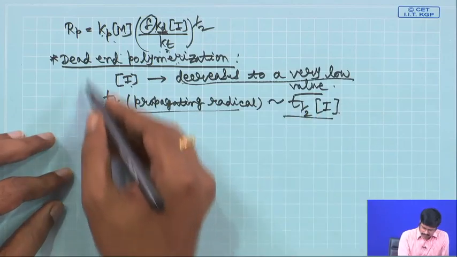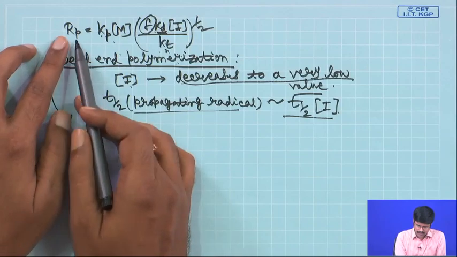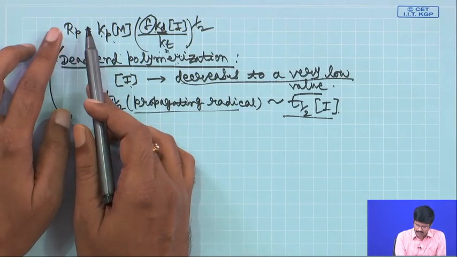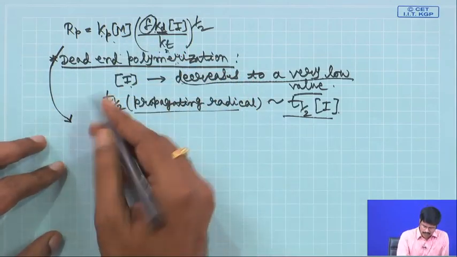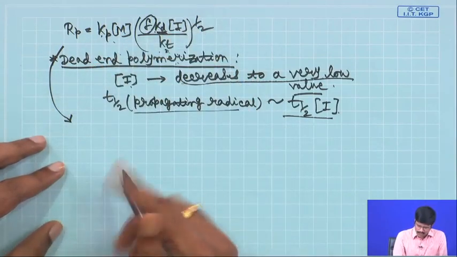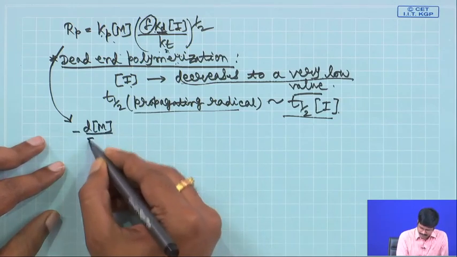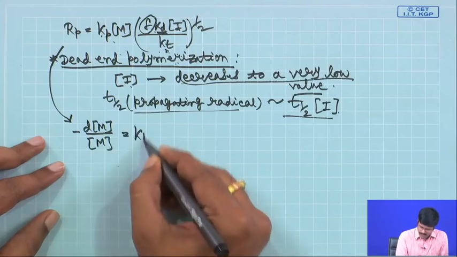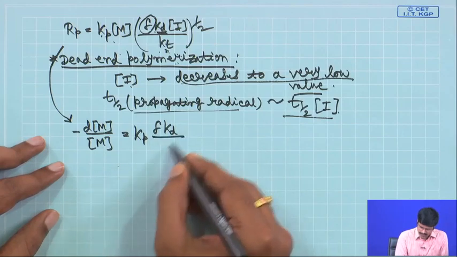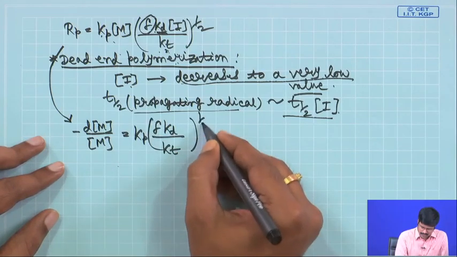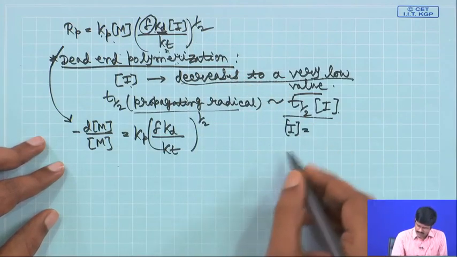If you look at this expression here, and recognize that rate of polymerization is nothing but minus d[M]/dt, the change of concentration of monomer with time, then you will have this expression: minus d[M] by [M] equals Kp into f Kd by Kt to the power half, times [I] to the power half dt. Now, the concentration of the initiator will decrease like this.